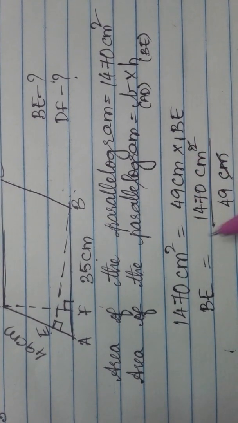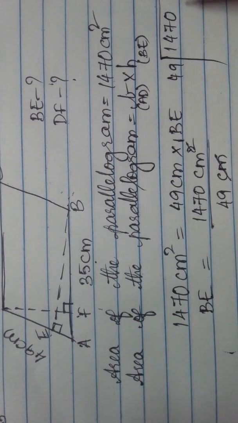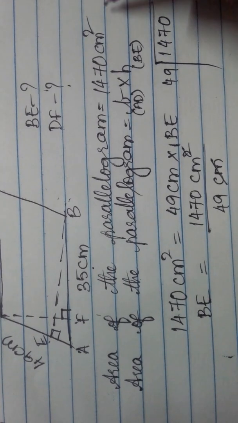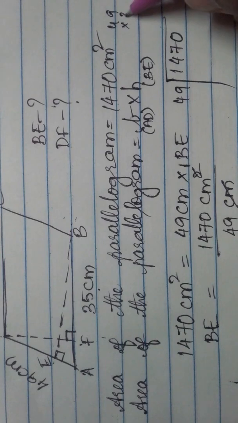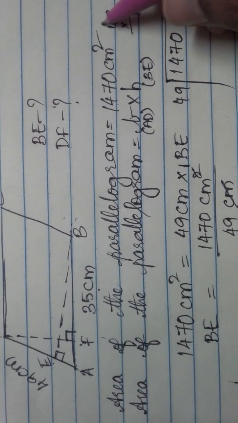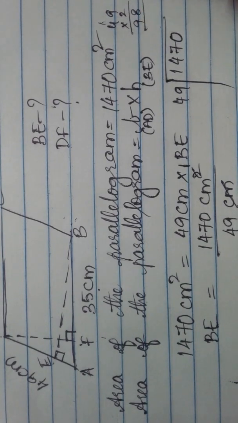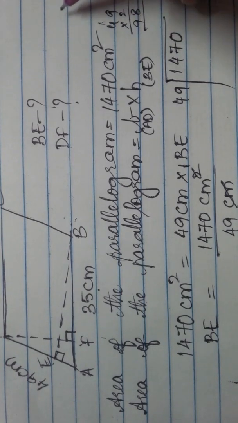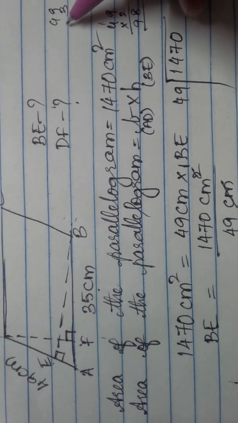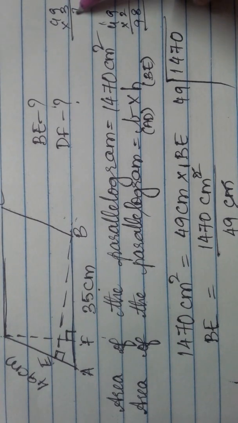Now let us simplify this. To simplify this, let us write here 49. Rough column I am doing, 1470. Now we have to multiply the 49 table and see. 49 into 2: 2 9s are 18, 2 4s are 8 and 1 is 9, so 98 is coming. Let us multiply 3 times. 3 9s are 27, 3 4s are 12, 14.